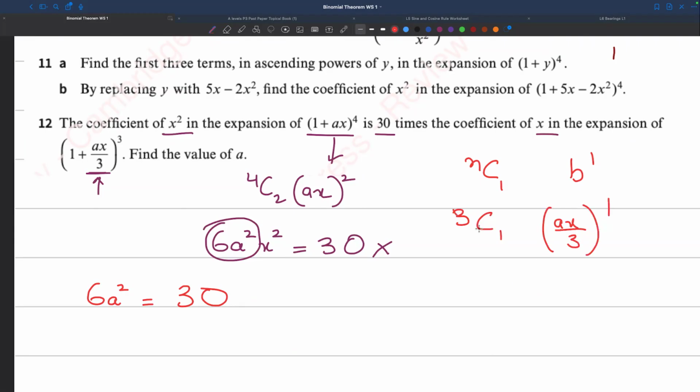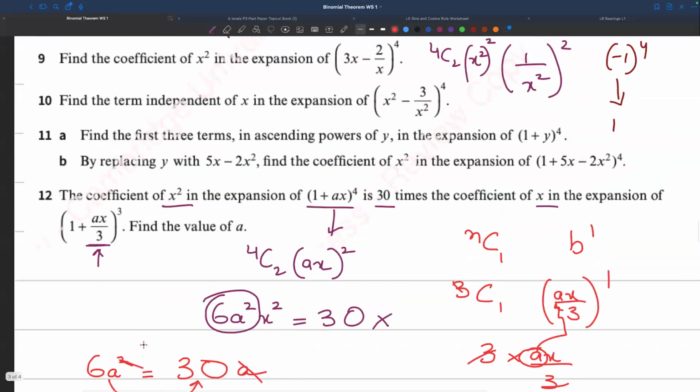So 3 and 3 will cancel. So the coefficient will be a, right? So 6a square is equal to 30a, because the coefficient of x is a. a is equal to 5. You get the value of a.